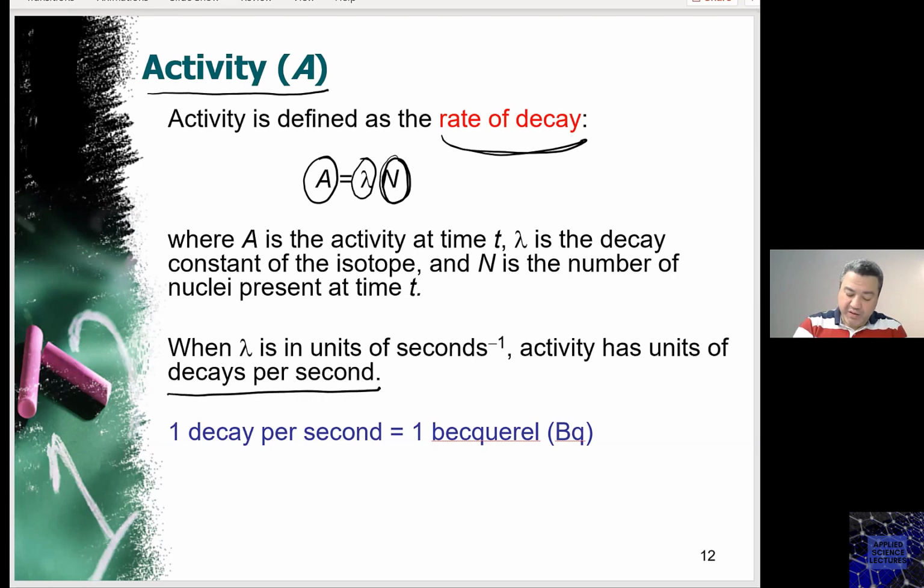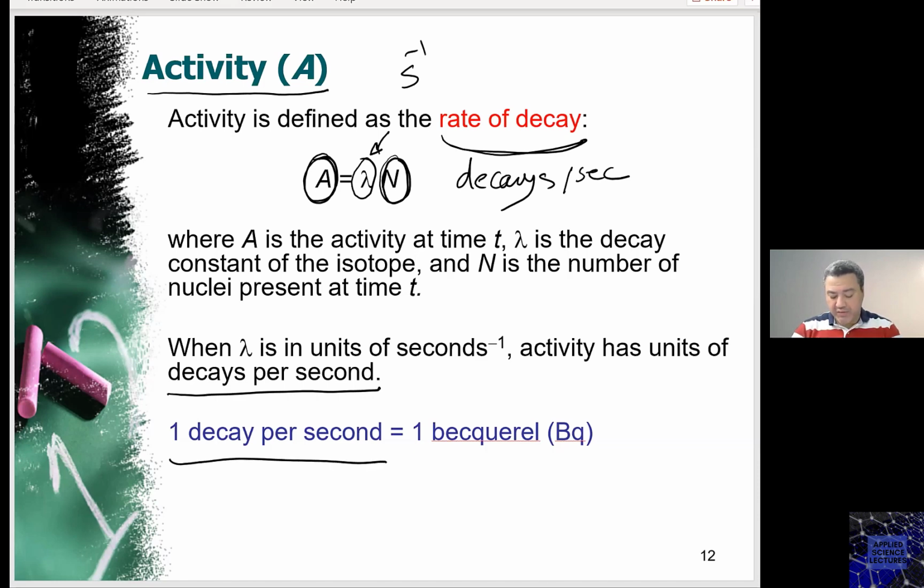So lambda here has to be per second to get the unit of the activity as decays per second.